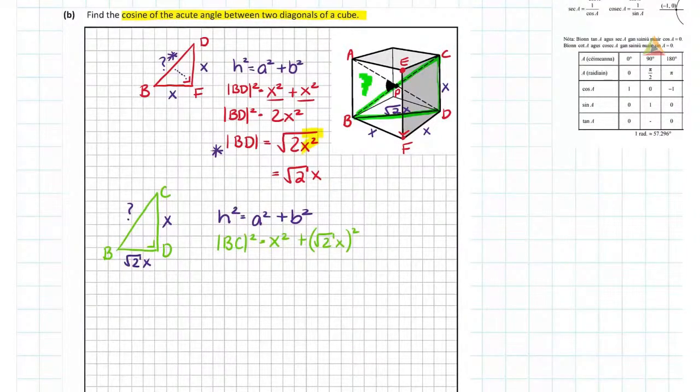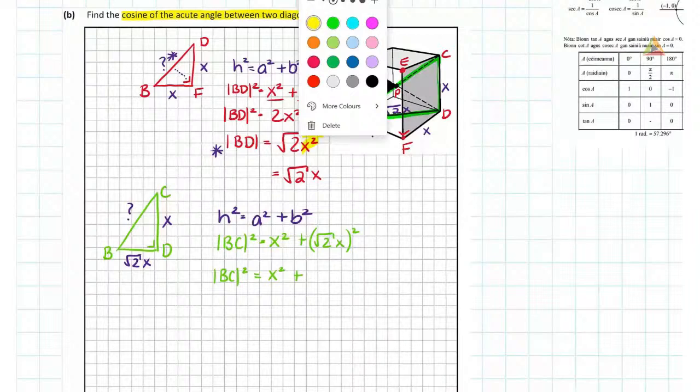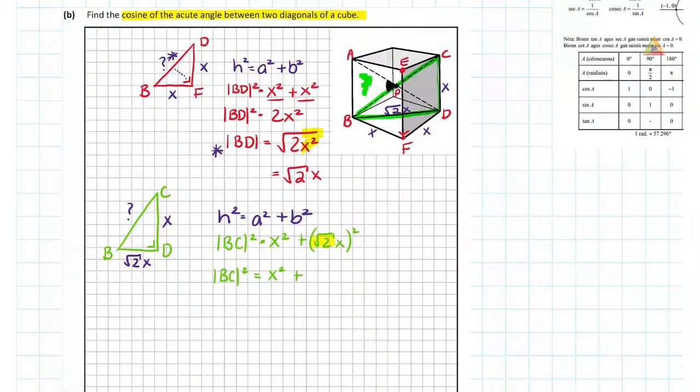So what we end up getting is BC squared on the left hand side equals x squared plus. Now be very careful here. What you have is you have a root 2 and you're squaring it. So that's going to give you 2. And you also have an x here and you're squaring it. So that's going to give you x squared.